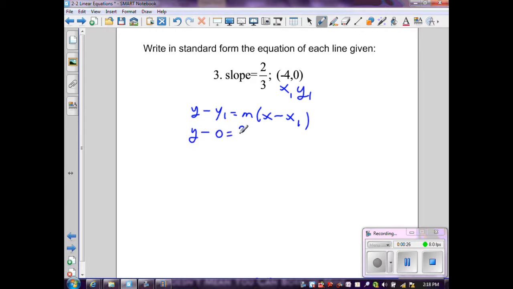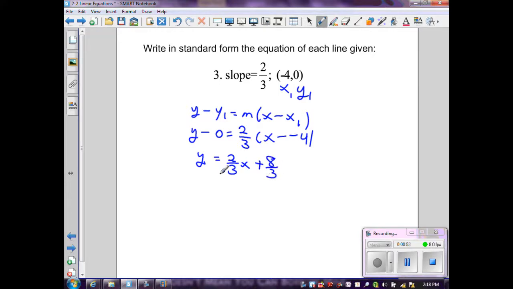M is 2/3. X minus x sub 1 is a negative 4. And when I simplify, that gives me y on the left equals 2/3 x. Negative times a negative here is a positive 4. A positive 4 times 2/3 is going to give me 8/3.